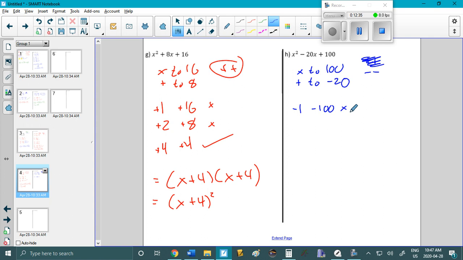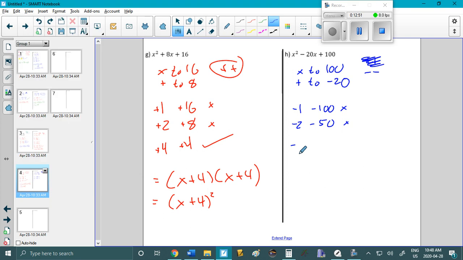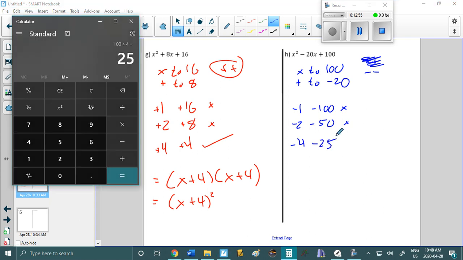Those don't make negative 20. 100 divided by 2 is 50. Negative 2 subtract 50 is not negative 20. Let's try 3. 100 divided by 3 is no. 100 divided by 4 is 25. So negative 4 minus 25 is negative 29.